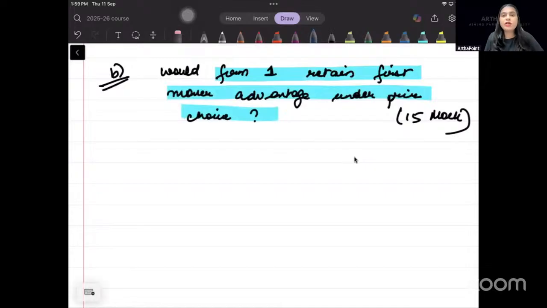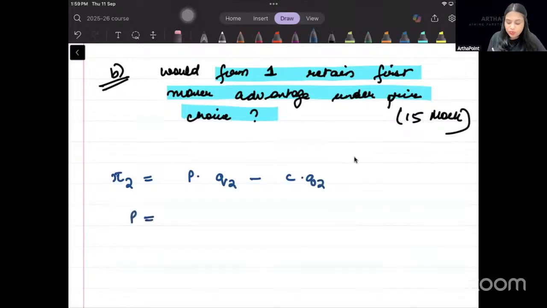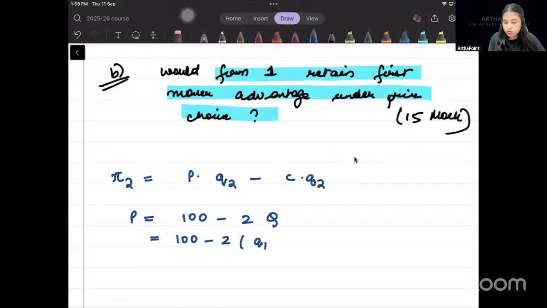So what we will do, beta, is make the profit function of firm 2: price into quantity minus cost into quantity. Right? I know P equal to 100 minus 2Q, so this will be 100 minus 2 times Q1 plus Q2.